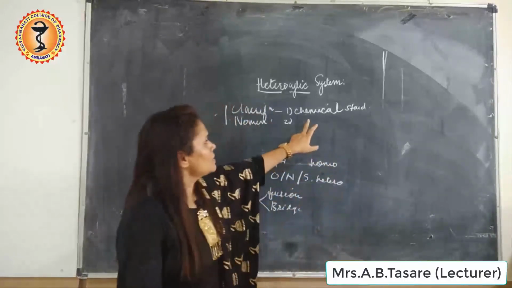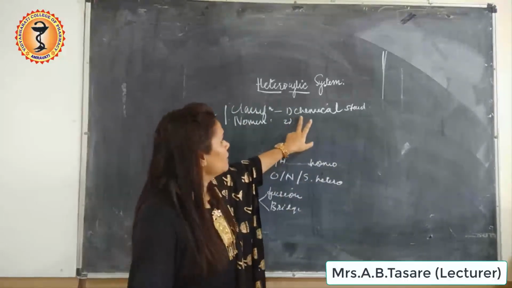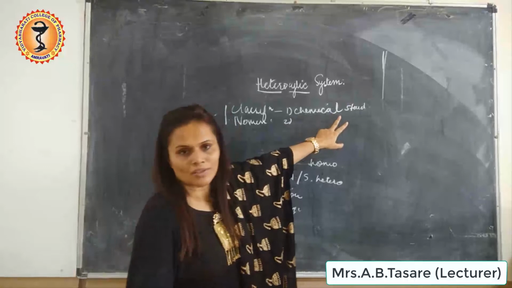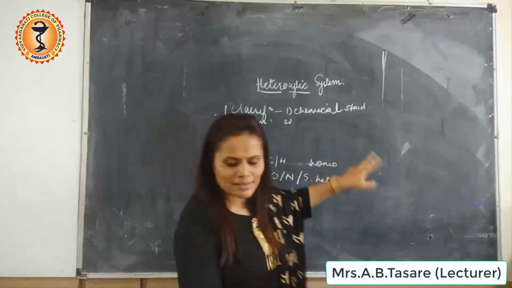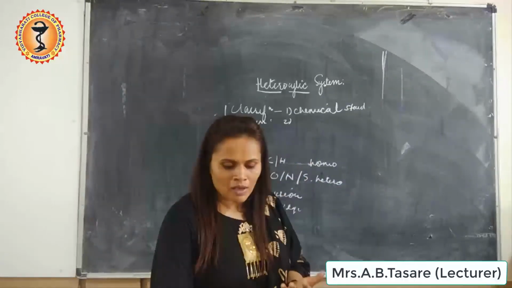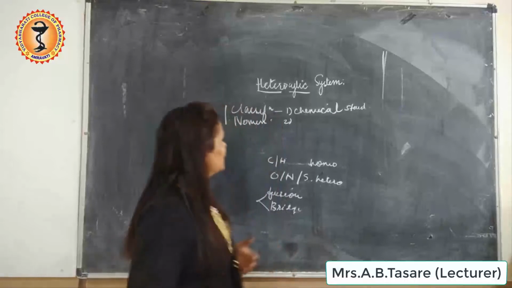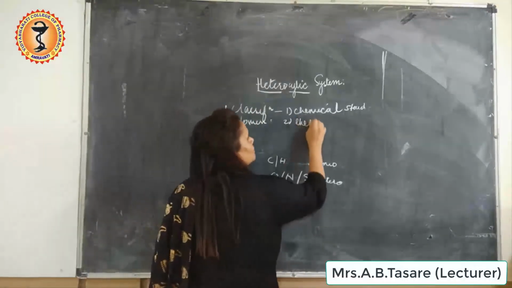So this is the first classification, based on chemical structures. Then let's study the second one, drugs based upon your therapeutic actions. How the drug shows a particular action in the body, that is your therapeutic action.